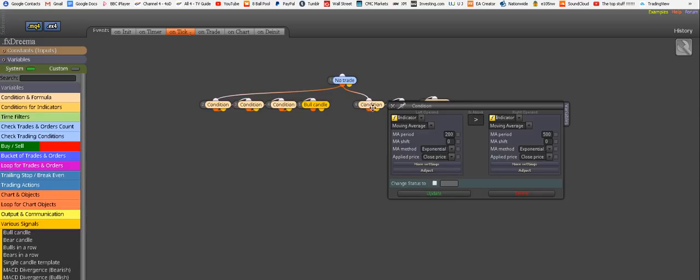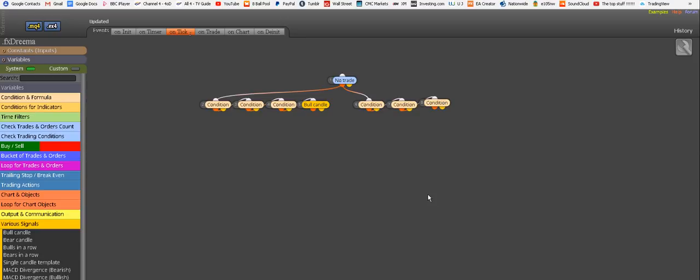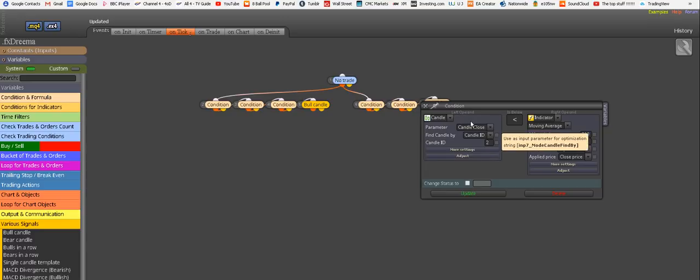Let's start from the first one. Double click. This time the 200 exponential moving average should be below 500. Remember, we are selling now. That's the first condition. We just changed it. So click update. That's done. Second condition, candle close of the candle ID 2, instead of below, it should be above the exponential 500 moving average.